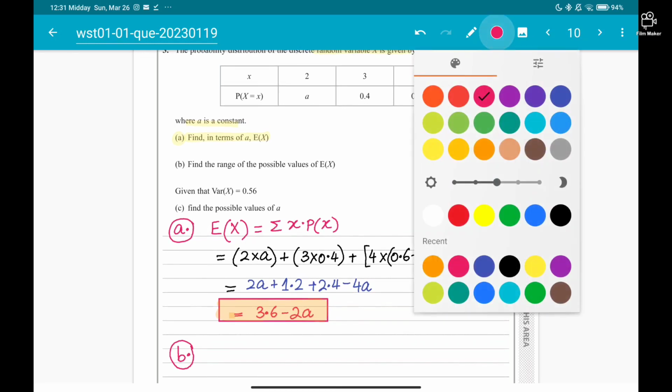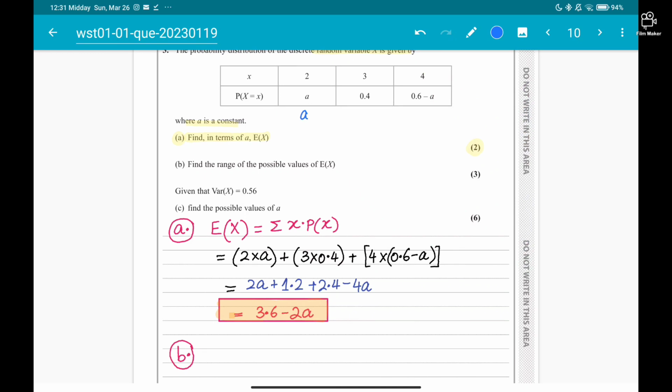If you know the basic procedure, all probabilities add up to 1. So if I add the probabilities a plus 0.4 plus 0.6 minus a, it eventually comes out as 1. As we can see, a minus a will cancel out, and 0.4 plus 0.6 is 1, equals 1.